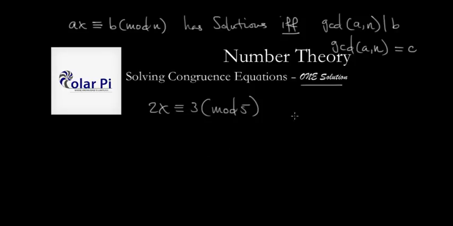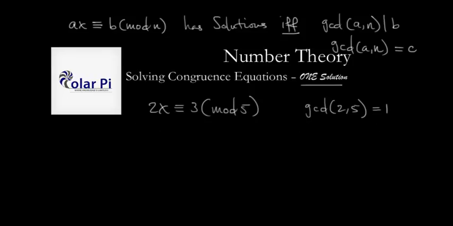Why? Because the greatest common divisor of 2 and 5 is 1, and so 2 and 5 are relatively prime, and since that would mean that C is 1, we see that it's a special case of what I already said about the many solution case. If C is 1, you just have one solution, right?